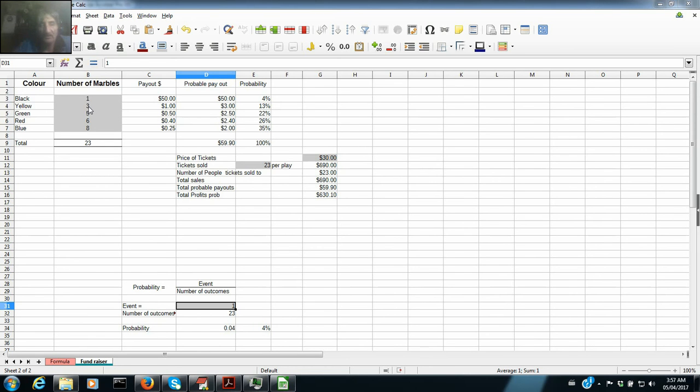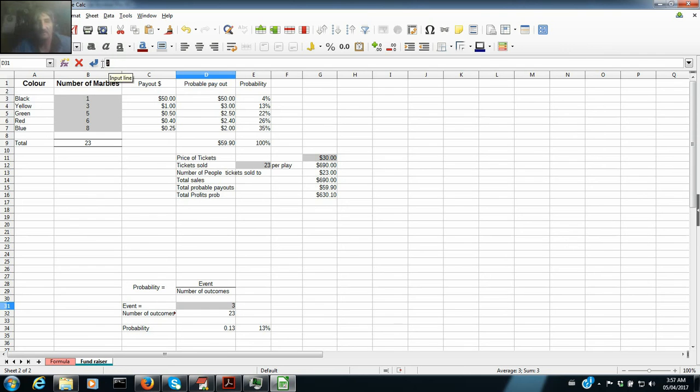Okay, so we go down to our next and we change the number to 3, using the formula: event over number of outcomes gives us probability. So with a 3, there's a 13% chance that they're going to get $3 on that one play. So we move down our numbers again.